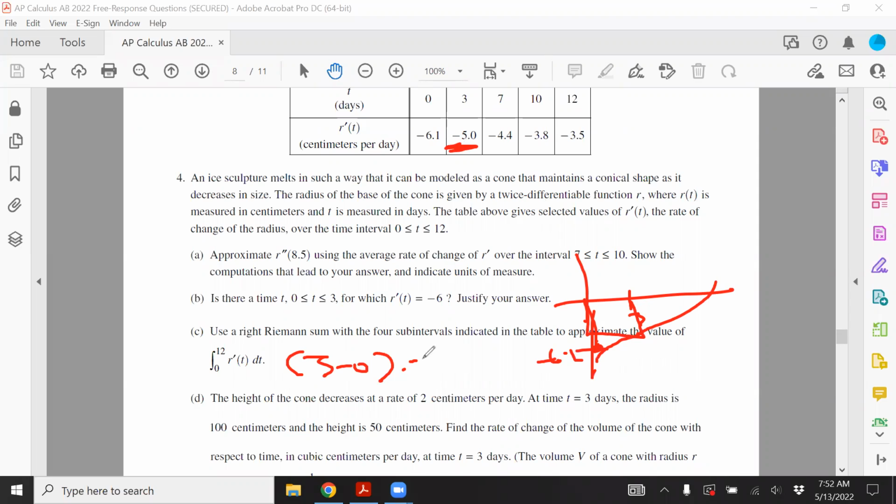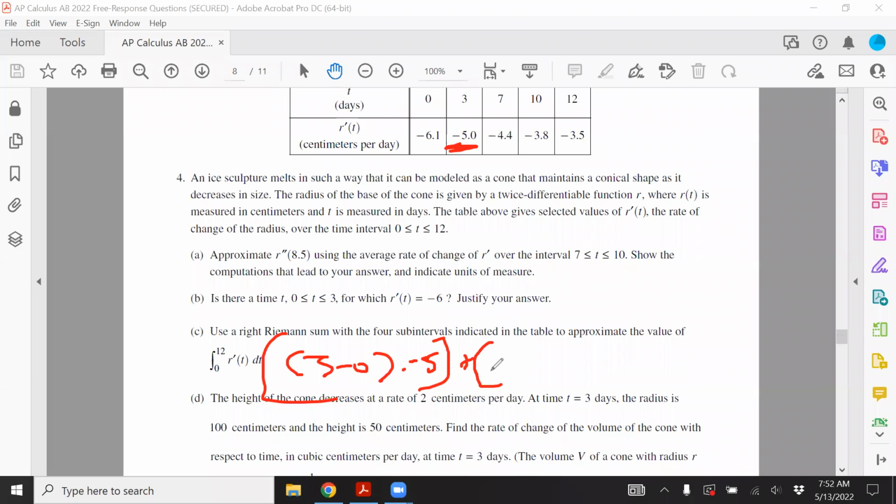So you're going to multiply by negative 5. That's the first rectangle, and you've got to rinse and repeat 3 more times. Now we go from 3 to 7, so you write it like this, times negative 4.4. Then you go from 7 to 10, times negative 3.8.